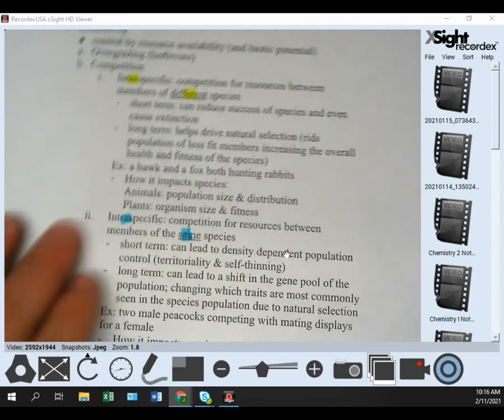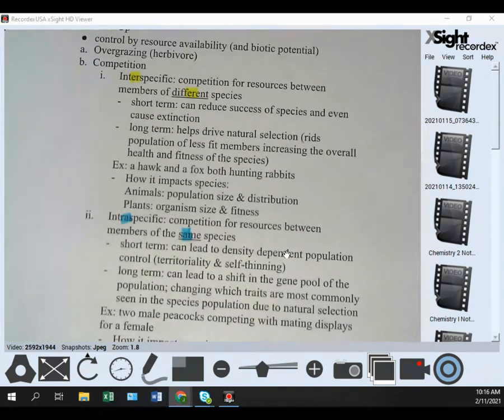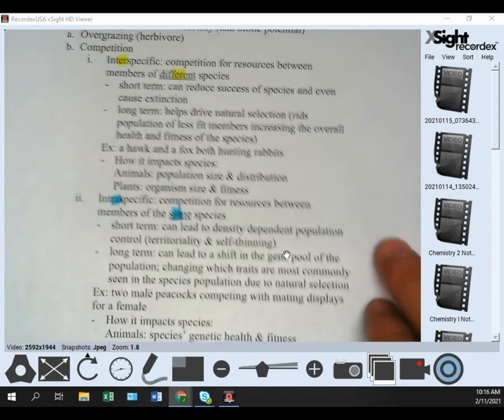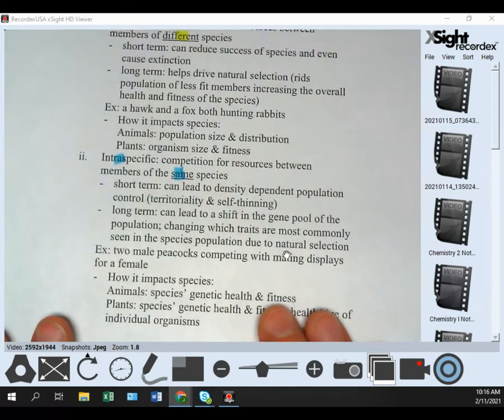Okay. Intraspecific, competition within the same species. So how does that affect the species?